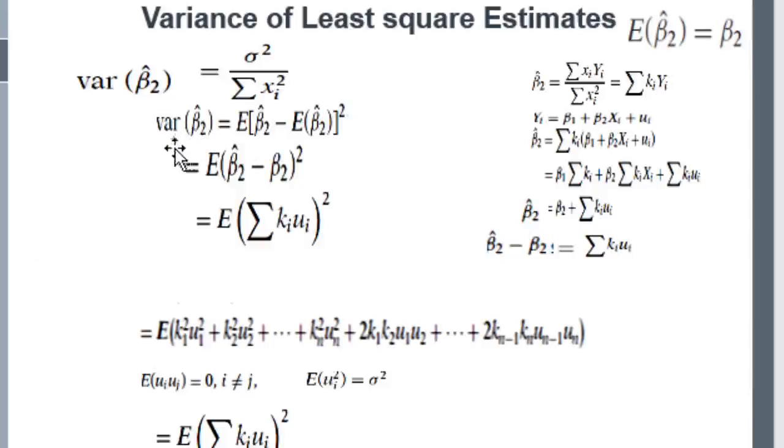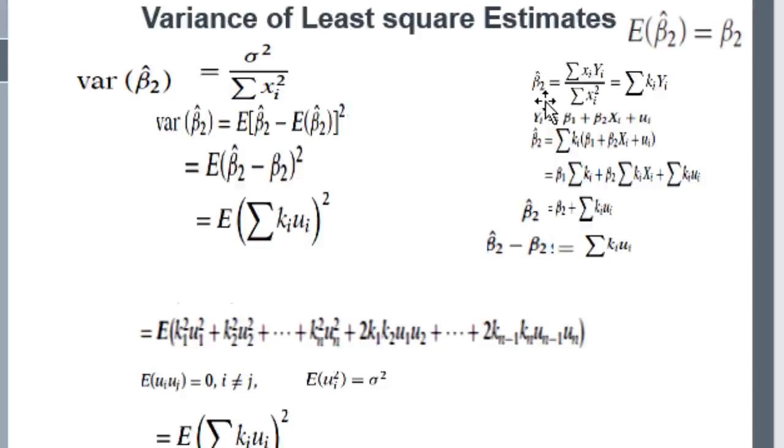Therefore, the steps involved are these. First define the variance of beta 2 cap: variance of beta 2 cap equals expected value of beta 2 cap minus expected value of beta 2 cap, the whole square. Since expected value of beta 2 cap equals beta 2, this can be written as expected value of beta 2 cap minus beta 2, the whole square. Then replace this using this derivation, which is important.